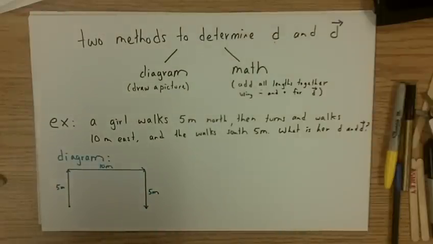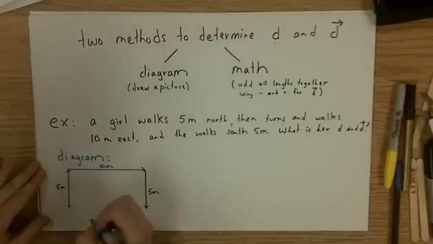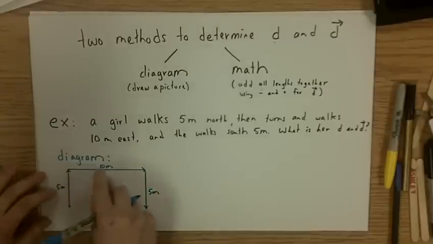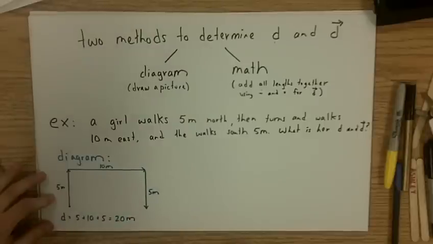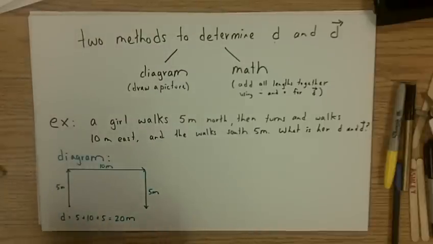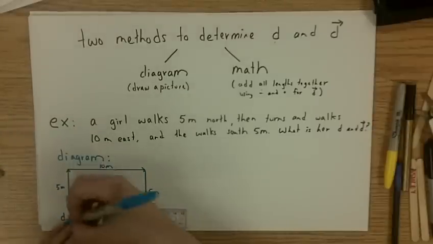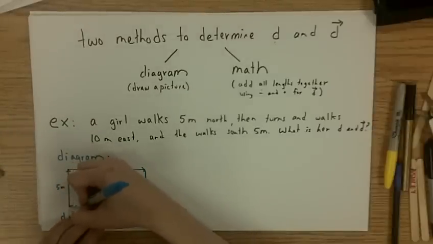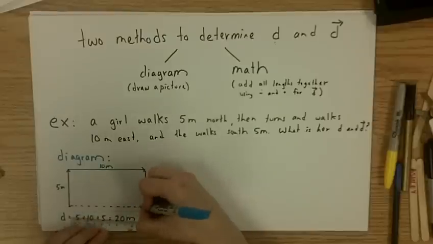In the diagram method, we can clearly see she walked all of this distance. So she walked about 5 plus 10 plus 5 is a distance of 20 meters. The displacement she covered is the distance from start to finish. So I'll use a dotted line to show displacement. She walked a displacement of that much.